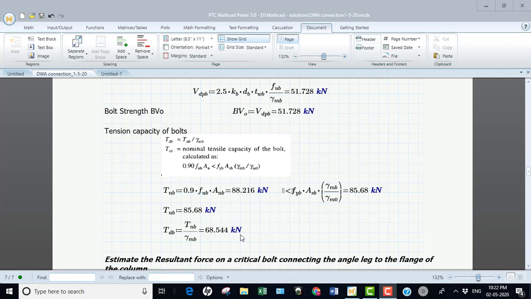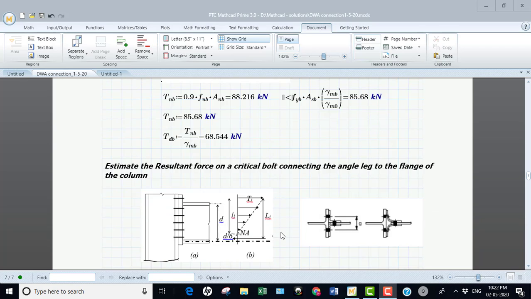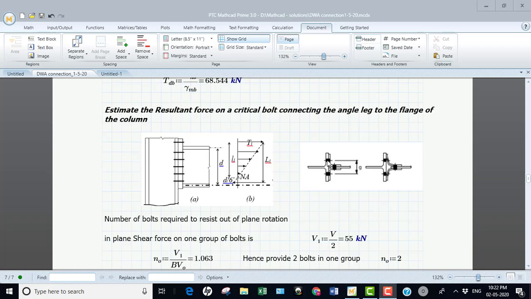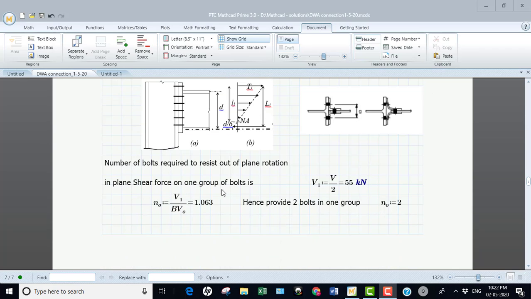After knowing the tension capacity, I'll go for the resultant force acting on the bolt group under out of plane rotation. Since there are two groups of bolts under out of plane rotation, I'll take one group. Therefore, the shear force on one group is the total shear force divided by 2.